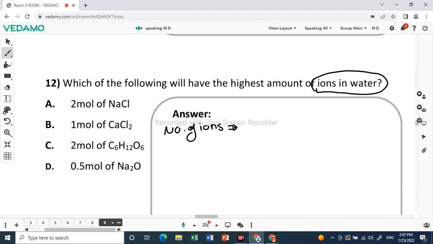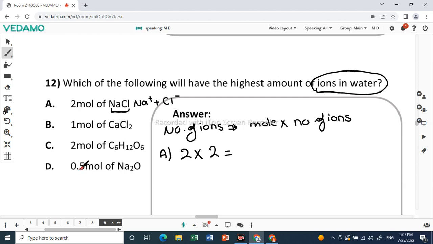I'm going to take my mole number and multiply only by the number of ions presented inside my ionic compound. So starting with A, 2 times. How many ions do I have here? It is Na positive plus Cl negative. So 2 times 2, yes, that's right, your final answer is 4.